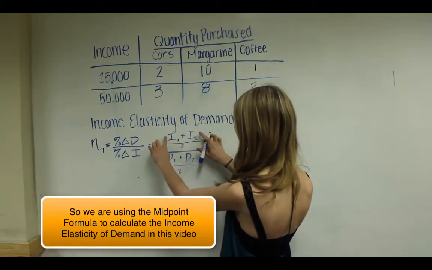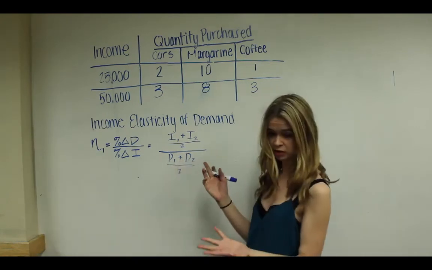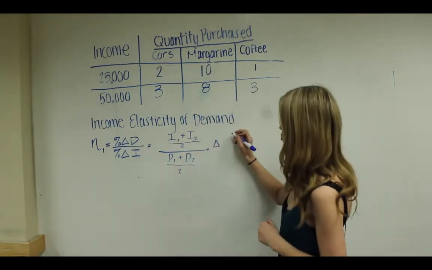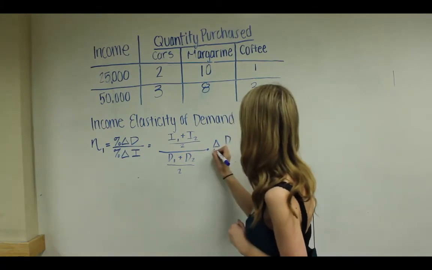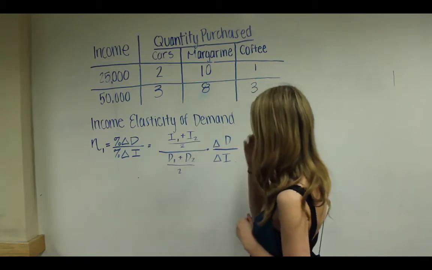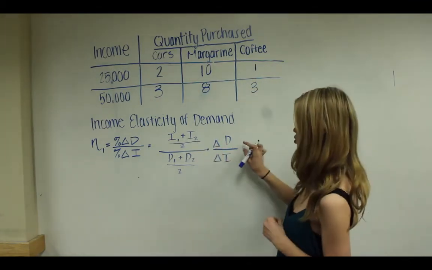So notice that we have both incomes over 2, that's the midpoint, both demands over 2, that's the midpoint of demand, times change in demand over change in income.